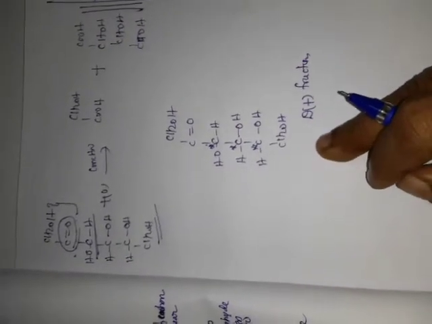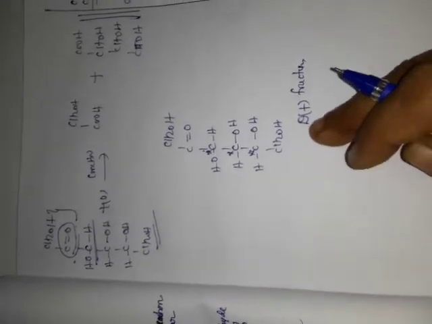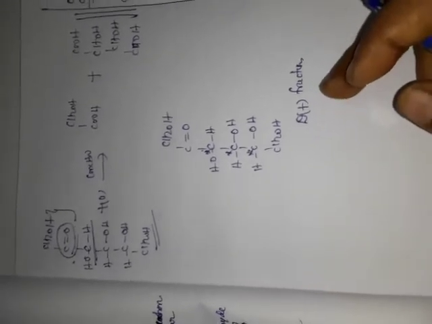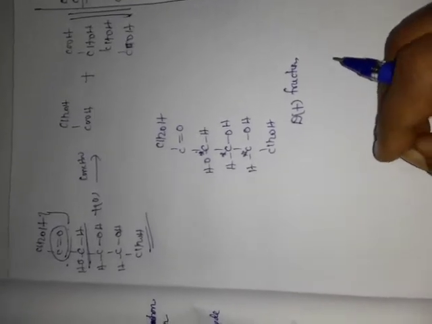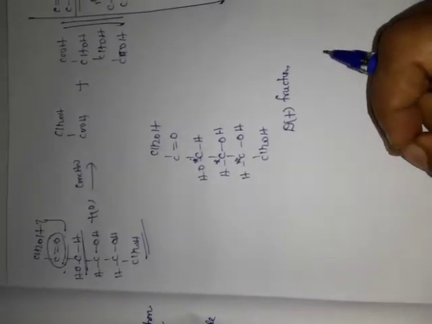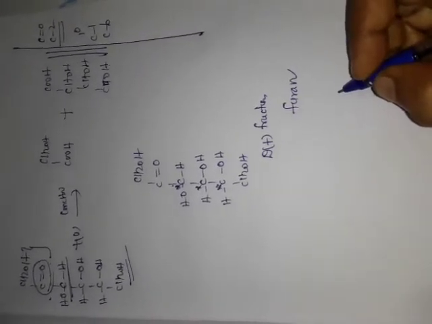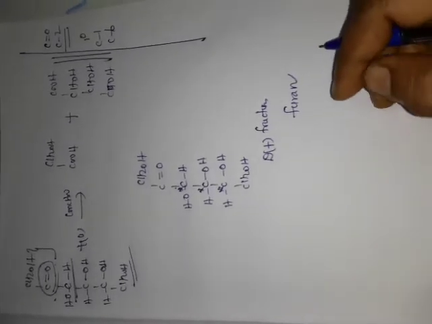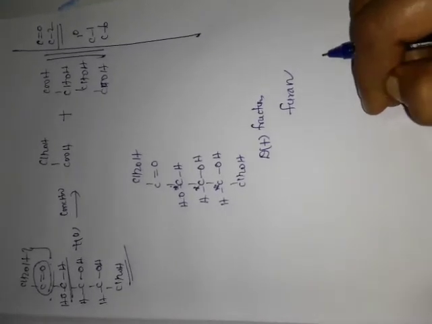Now this fructose, like glucose, also forms a cyclic structure in the form of furan. Furan is a 5-membered ring, hence it is called the furanose form. When fructose is a component present in sucrose, it usually occurs in the furanose form.